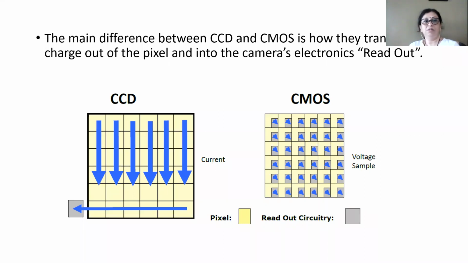Basically there is a difference in how the charge is transferred out of the pixel, that is, how the charge is read out. Charge formation is the same in both cases, but the only difference is in the charge readout in the case of CCD and CMOS.